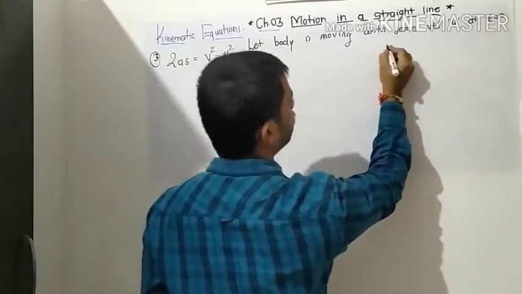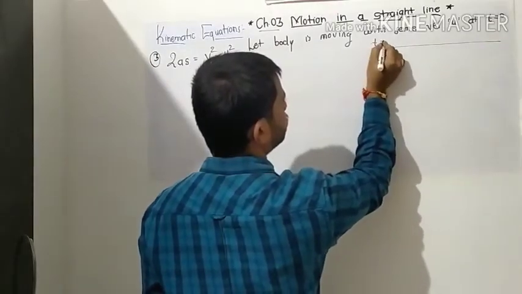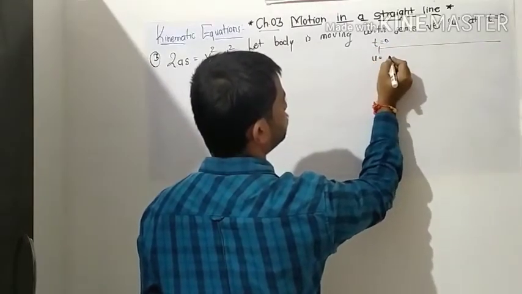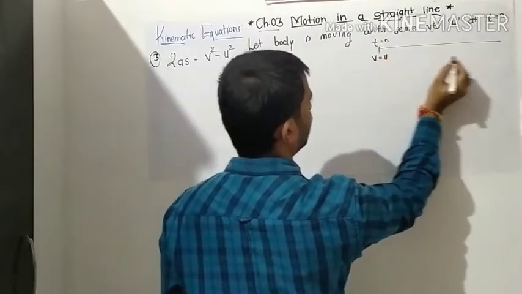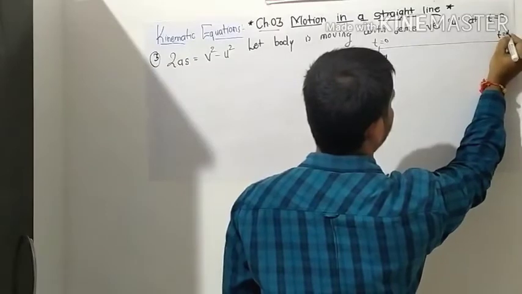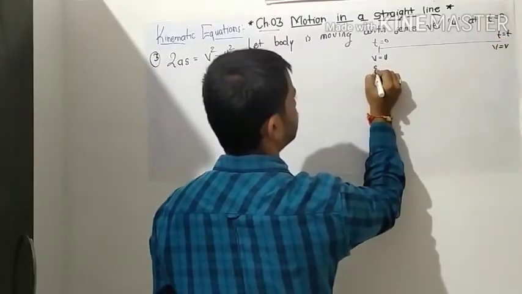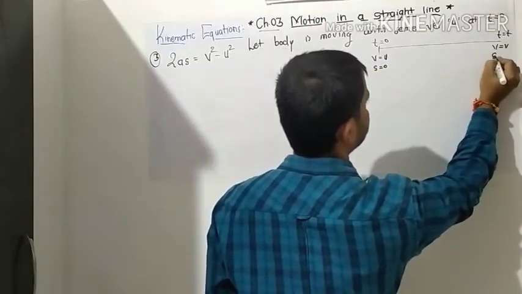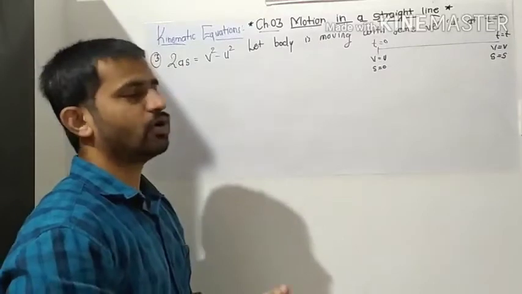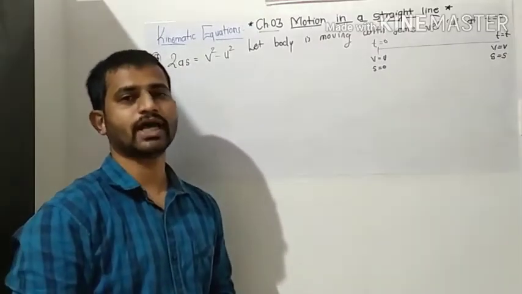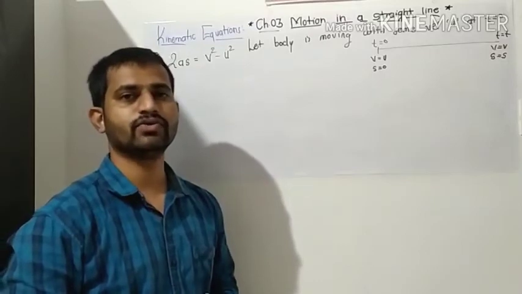If we draw the diagram, we come to know that at t is equal to 0, v is equal to u, and at t is equal to t, v is equal to v. Also s is equal to 0 here, and s is equal to s. During that interval the body is traveling for the time period t, and it is covering a distance equal to s.